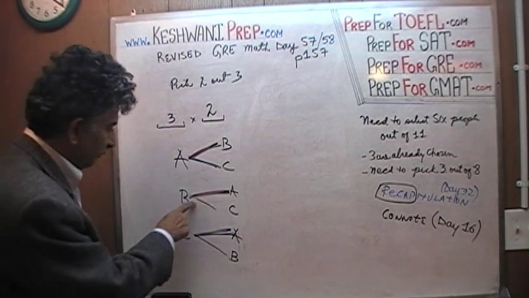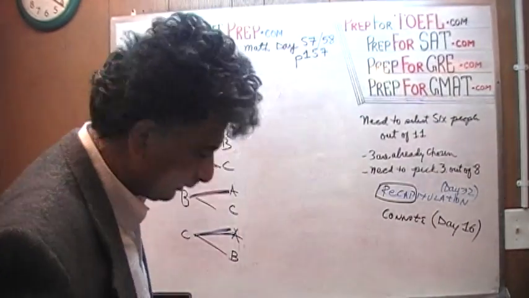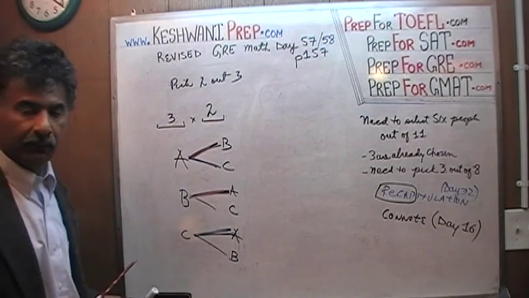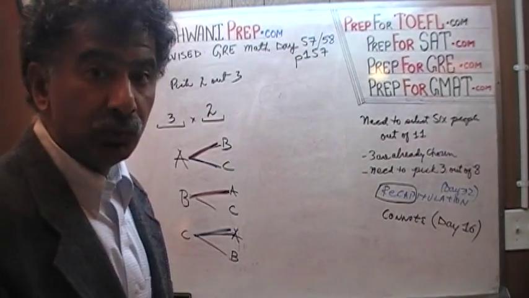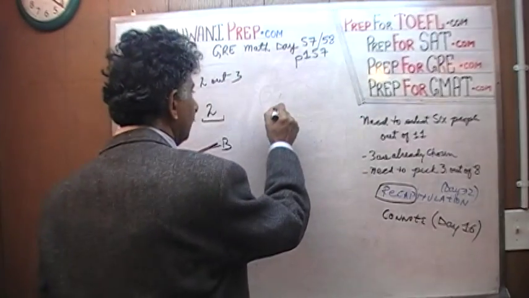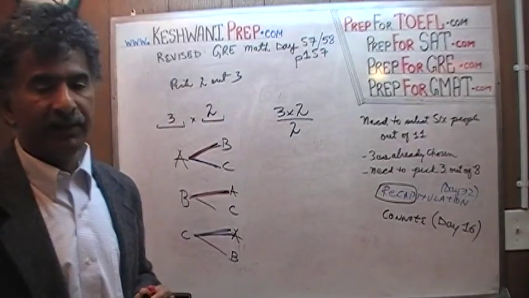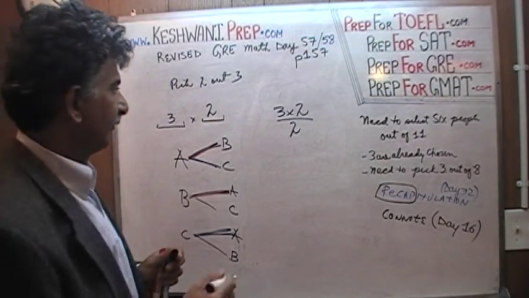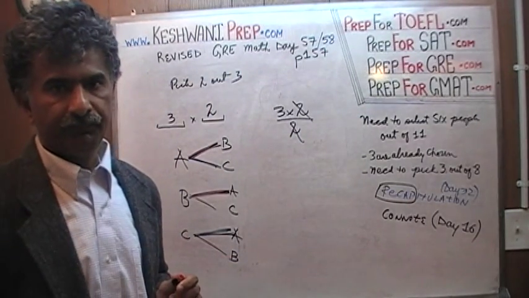And finally, we have BC and CB. Everything is double counted here. So we need to take this answer as 3 times 2 and divide that by 2, take half of it. And that will give us how many different ways we really have of picking two people out of 3. And the answer, of course, is there are only 3 ways of picking two people out of 3.